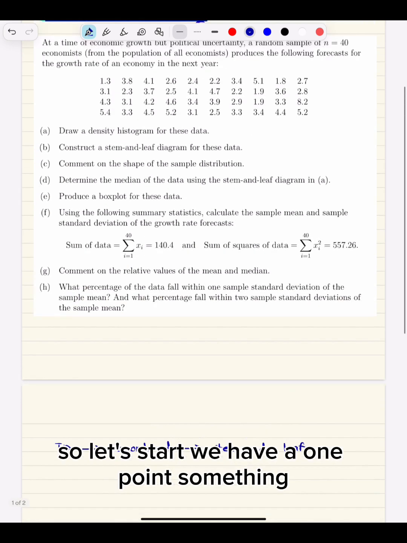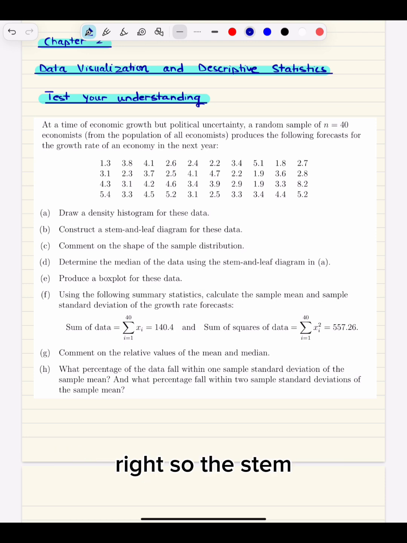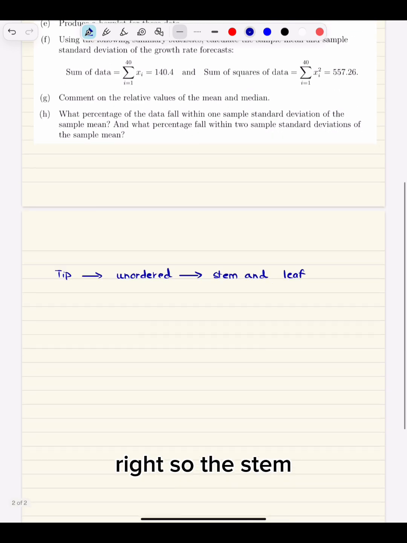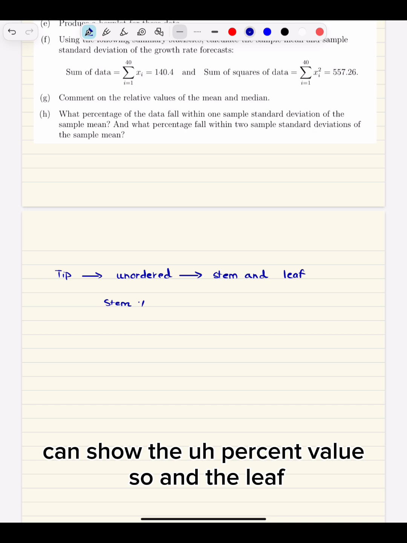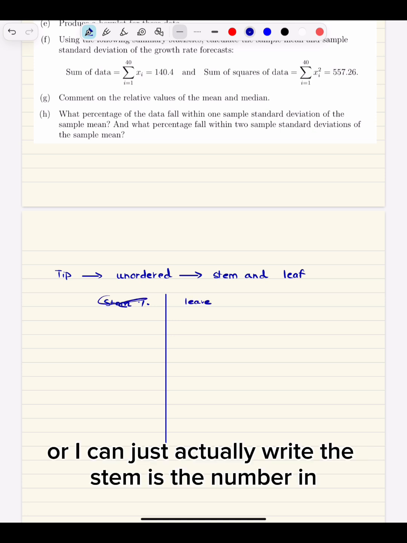Okay, so let's start. We have a 1 point something, right? So the stem can show the percent value.